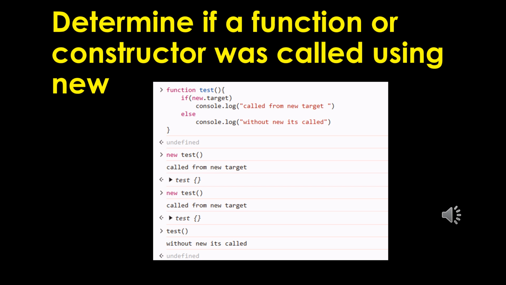And the next thing is we are calling the test function with new again, and it is showing called from new target. Again we are calling the test function without new, and it is showing that when new is not used, it's not called. So for checking whether an instance is newly created or not, we can use this function to check whether the new target is created or not.